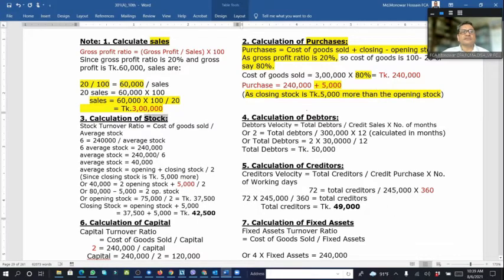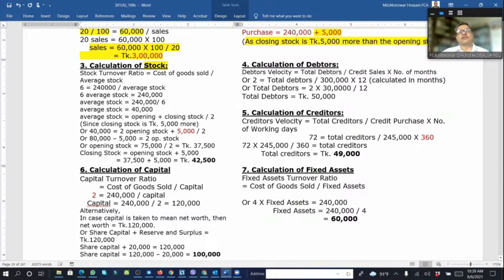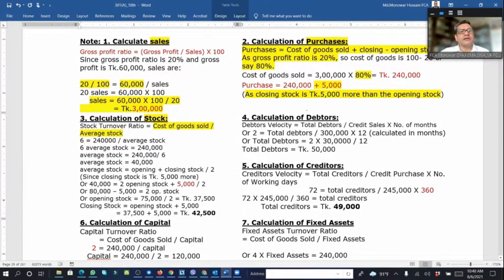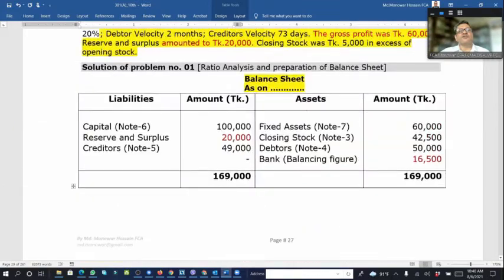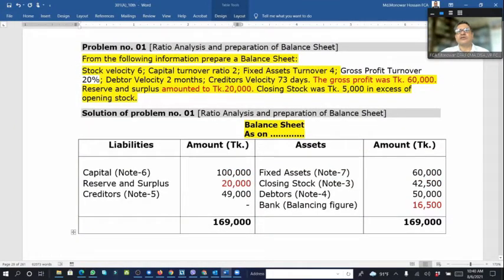Now come to the calculation of stock. We calculate the stock turnover ratio as said in the question. Stock turnover ratio is cost of goods sold divided by average stock. Here the stock velocity or turnover is 6.